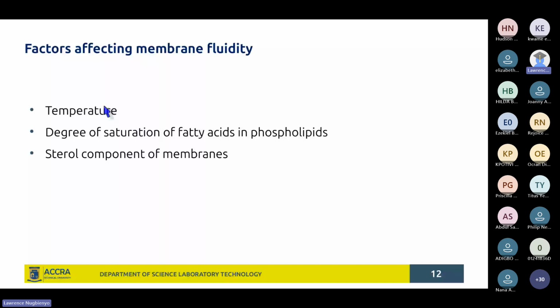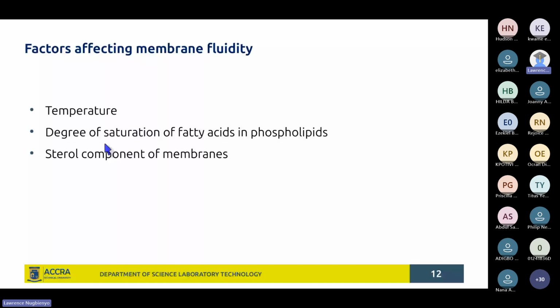The second factor affecting membrane fluidity is the degree of saturation. We did talk about the fact that the more double bonds you have in fatty acids, or the more unsaturated fatty acids you have, the more fluid the biomembrane is going to be, and vice versa.